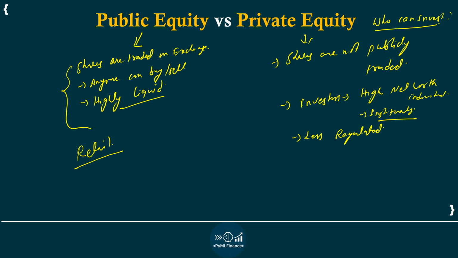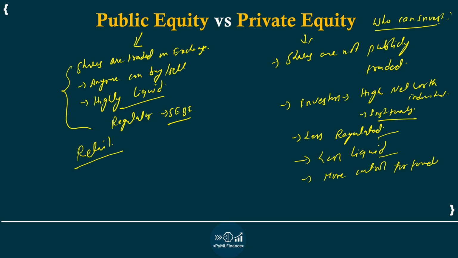For public equity there is always a regulator, for example SEBI in case of India regulates public equities, that is the stock market. But private equities are less regulated and less liquid. You may not always be able to find a buyer or seller for private equity. Hence it is less liquid, and founders have more control.